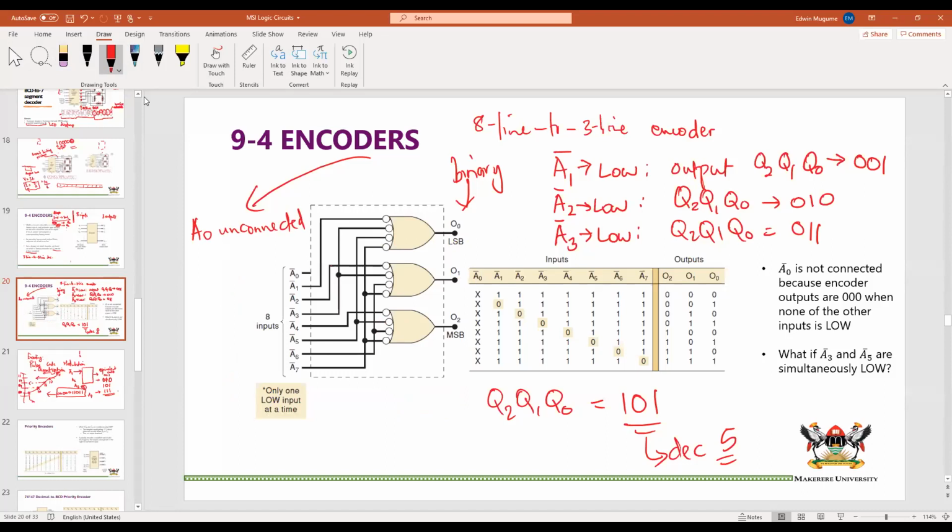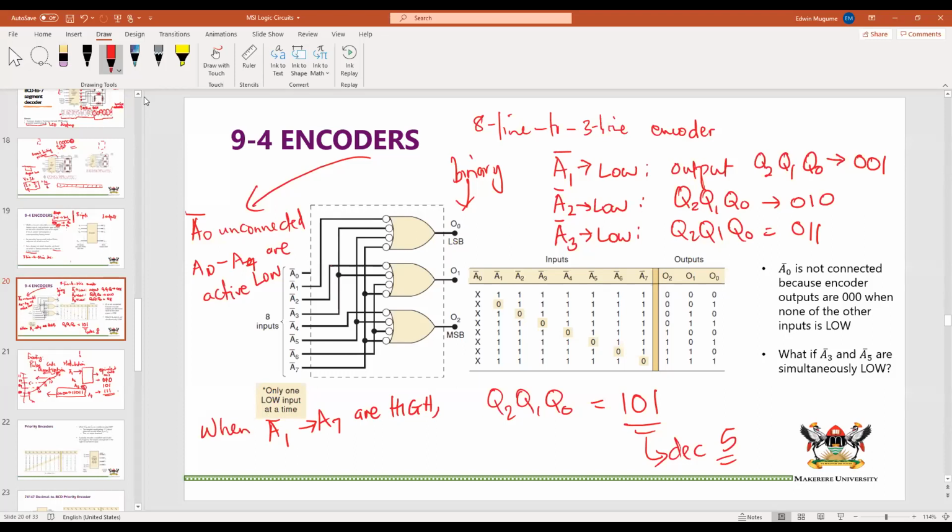We said that all of these inputs, A1 to A7, are active low, which means that they are normally high. So when A1 to A7 are high, what are the outputs of the encoder?